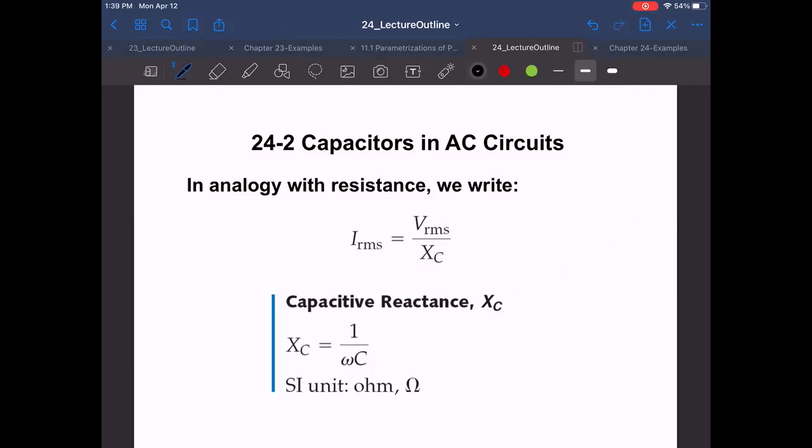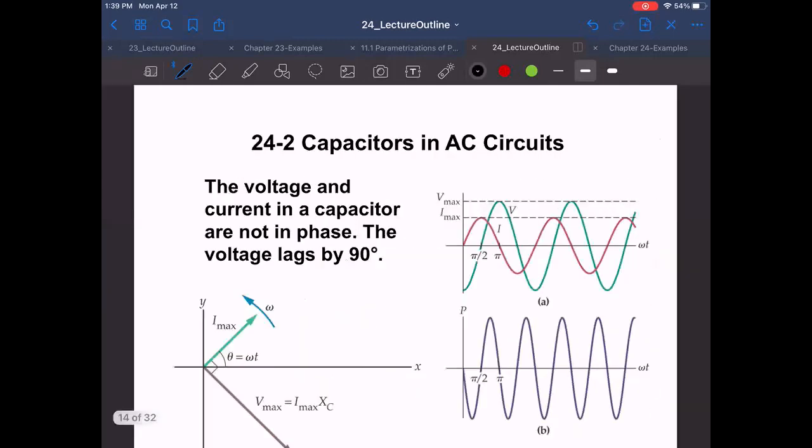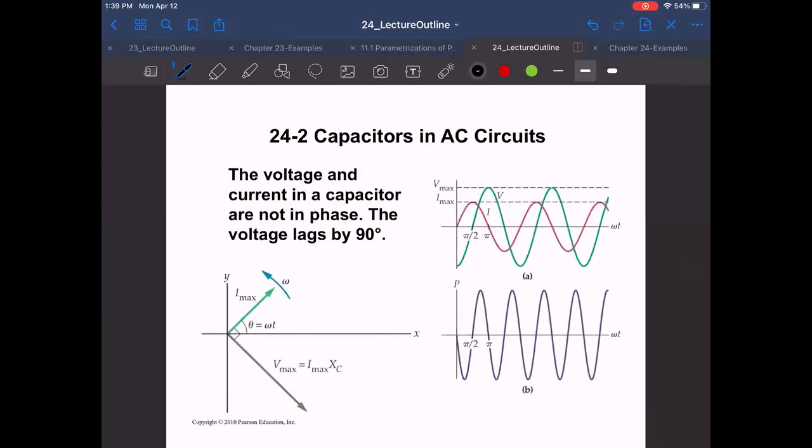And notice the reactance also has a unit of an ohm, just as well. It's basically playing that role. If you look at a capacitor in an AC circuit, you see our phase diagram there. You can see that the voltage lags the current by 90 degrees. When your current is at a maximum, your voltage is going to be 0.